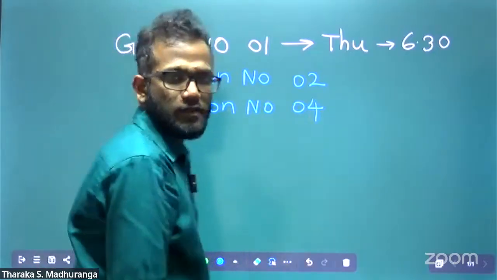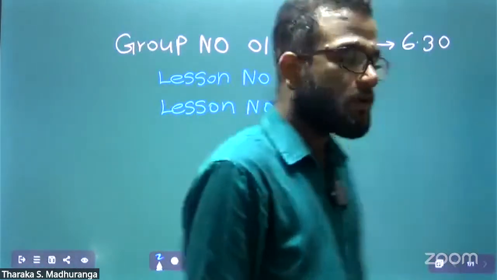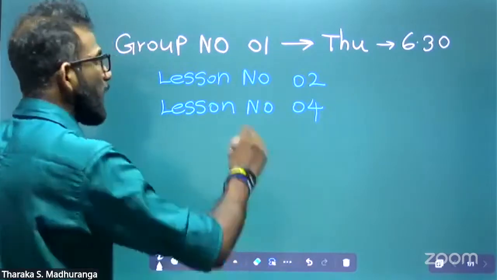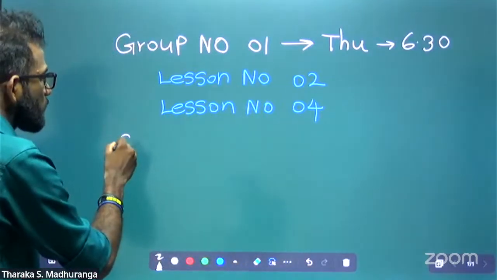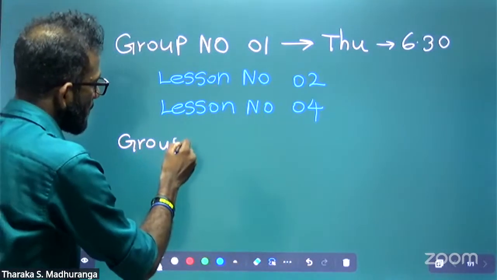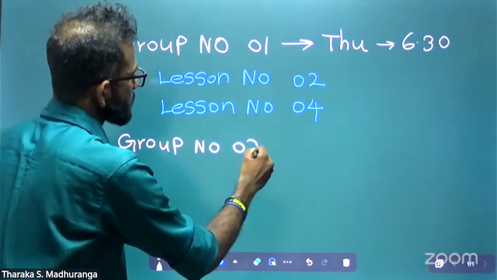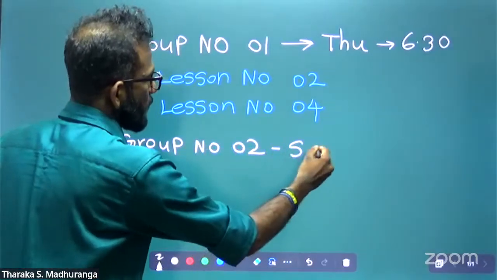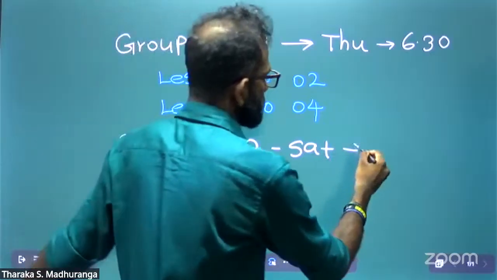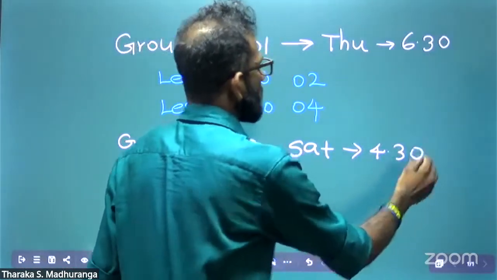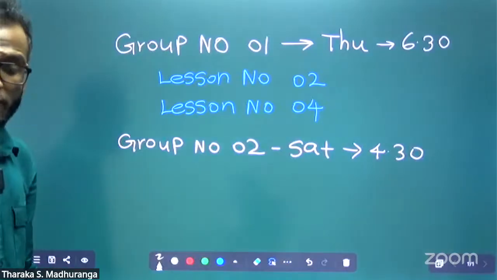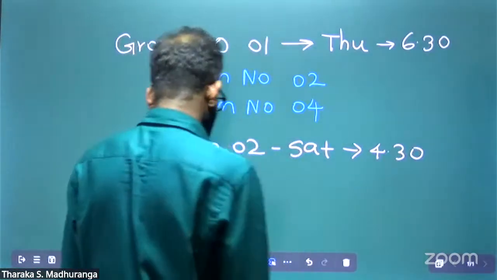Group number 2 is Saturday 4:30. Now we are doing the measurement lesson.